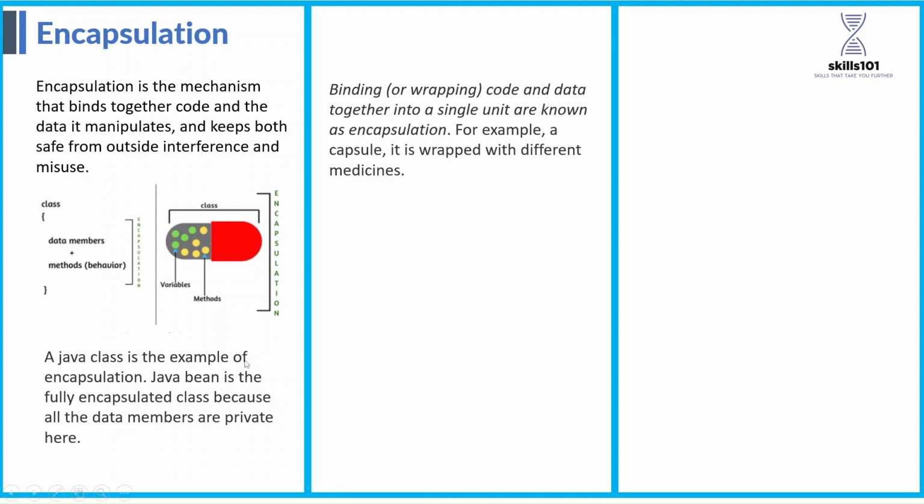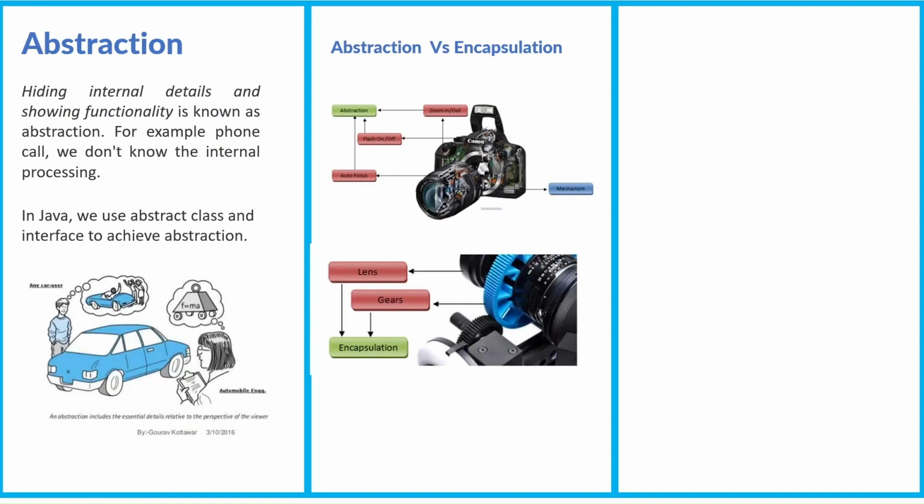So a Java class is an example of encapsulation. A Java Bean is a fully encapsulated class because all data members are private here, right? Binding or wrapping code and data together into a single unit is known as encapsulation. For example, a capsule wraps different medicines and all those things. So yes, this is encapsulation.